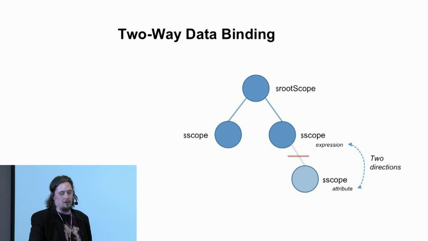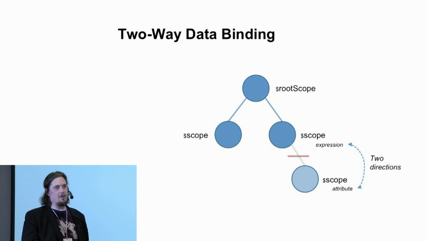What that means is that not only when the parent expression changes should we bind the value to the isolate scope as we have been doing, but also when the isolate scope's attribute changes, we should propagate that change back up to the parent scope. That's what two-way binding means, and we should do it both ways. We're only currently doing the downwards propagation, not the upwards propagation. So let's conclude by doing that other direction.